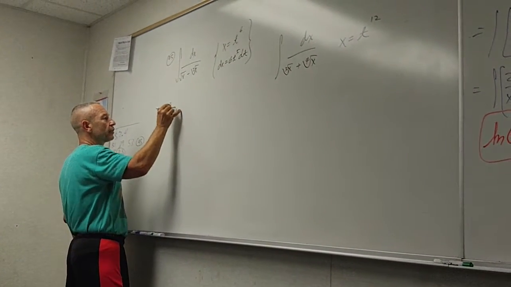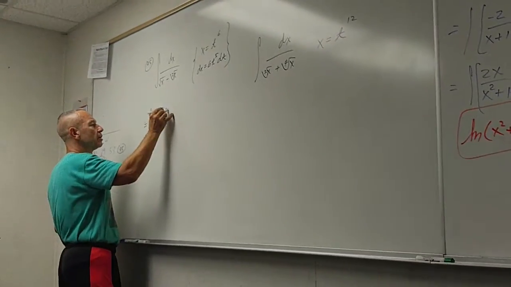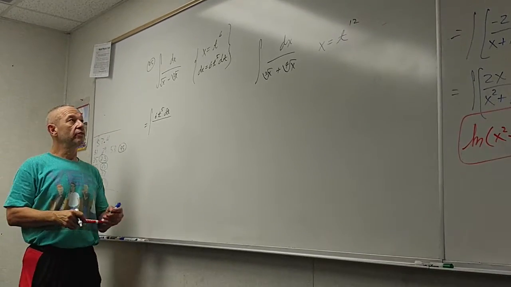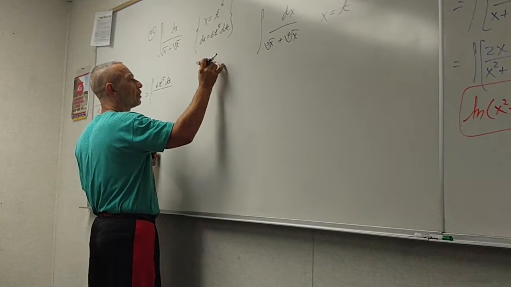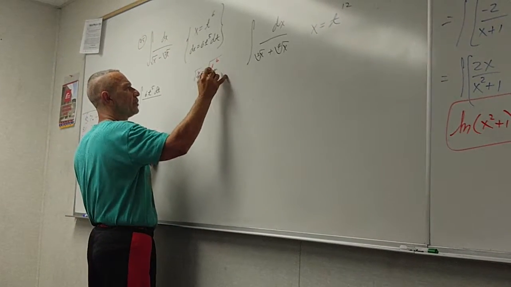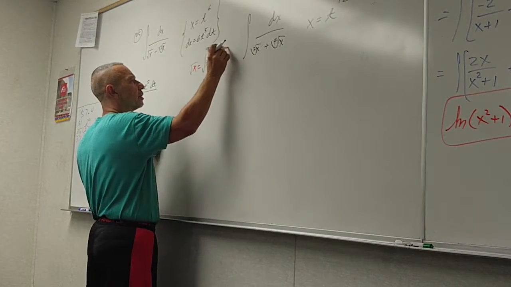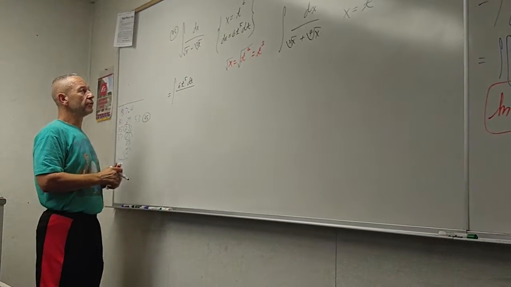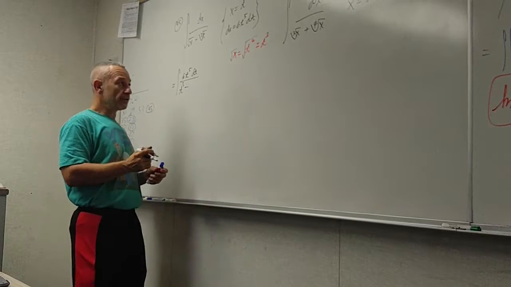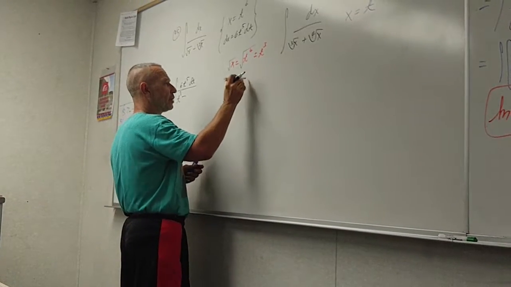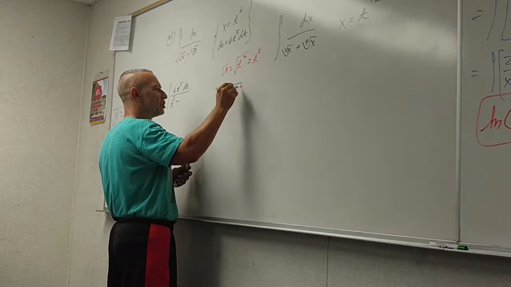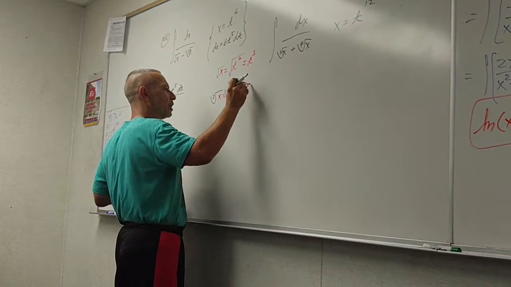So dx, 6t to the 5th dt, over, well, if x is t to the 6, then square root x is square root t to the 6, that's t cubed, isn't it? So t cubed minus, and once again, if x is t to the 6, then cube root x equals cube root t to the 6, which is t squared.